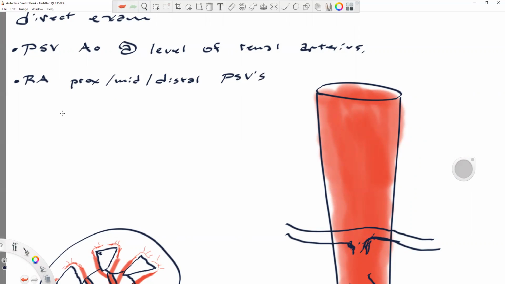And what we do is we simply plug that all into the machine. Hopefully your machine will do it for you, but if not, like I said, it's very easy. It is the renal aortic ratio.